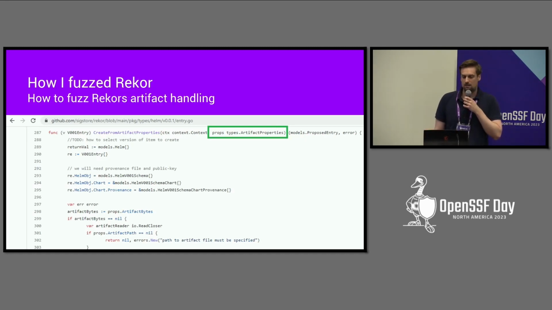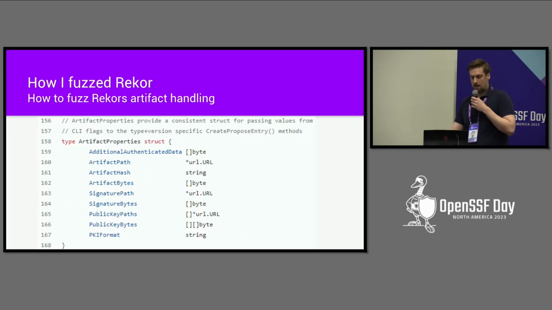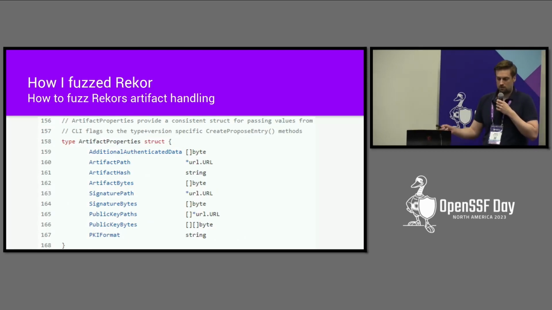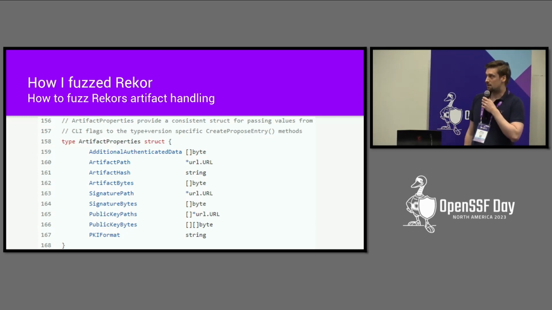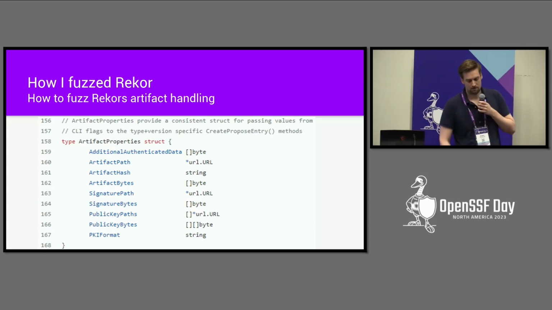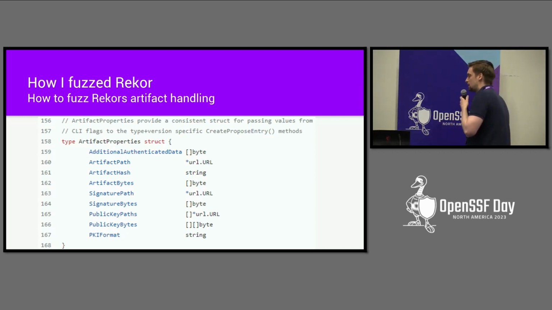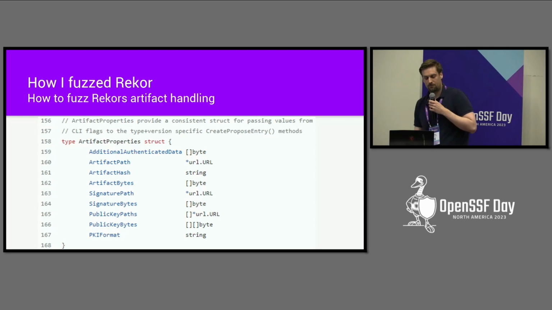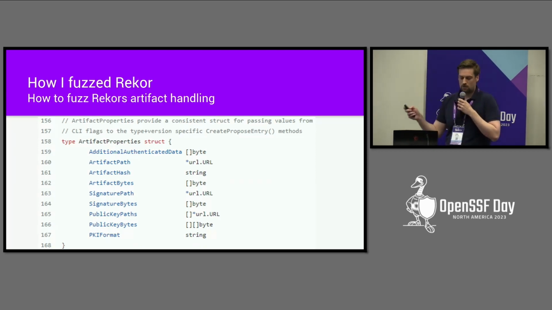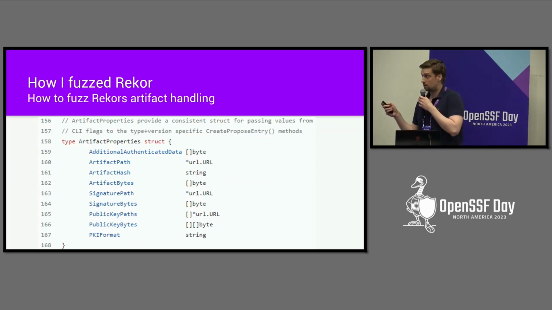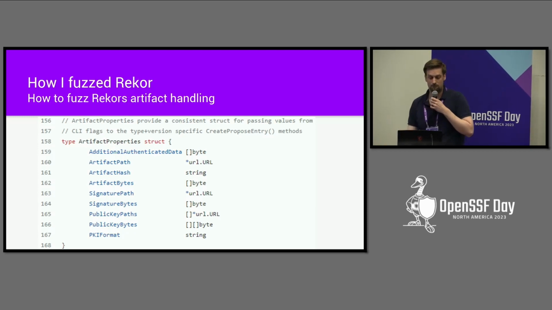When Rekor handles artifacts, it does so using the artifact properties struct, as demonstrated here. And this struct looks as such. The most interesting part of this struct is the artifact bytes field, which contains the data of the artifact that Rekor is processing. Now, there are a couple of ways you can approach fuzz testing Rekor's handling of artifacts.